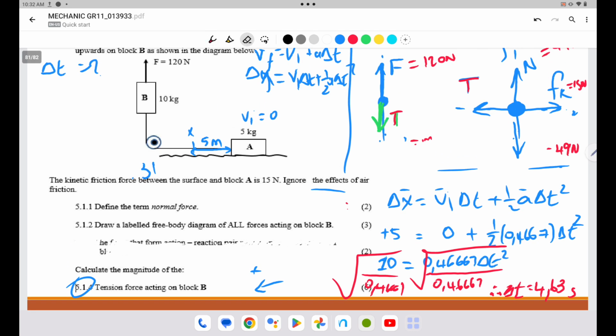Okay, and I could add one more question. I can ask you to draw the velocity time graph for block A. So the velocity time graph would look something like this. This is velocity in meters per second as a function of time in seconds. We know initially this object was at rest and the velocity increased.